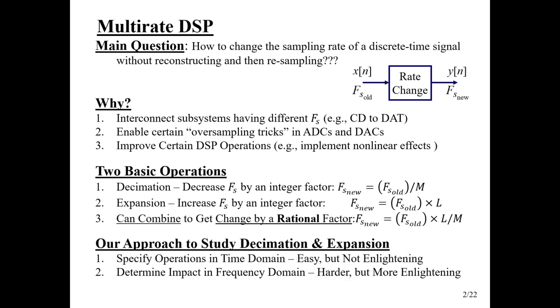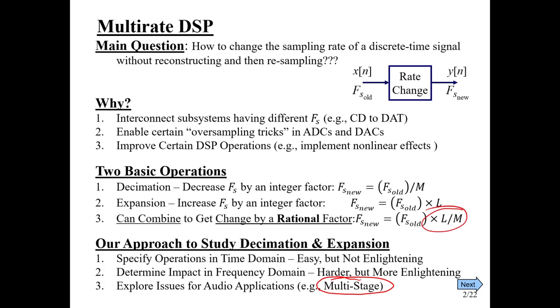And then once we have that, we can take a look at some issues that arise specifically in audio applications, although they arise elsewhere in other applications as well. In particular, we're really only going to look at one issue, and that's how to implement this rational change through a bunch of individual stages, one after another.